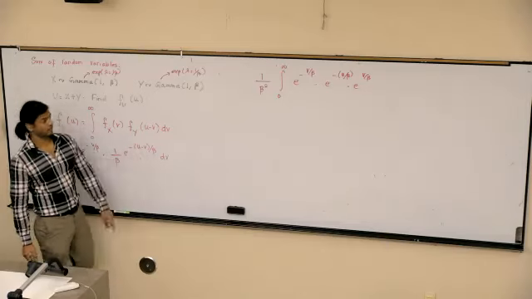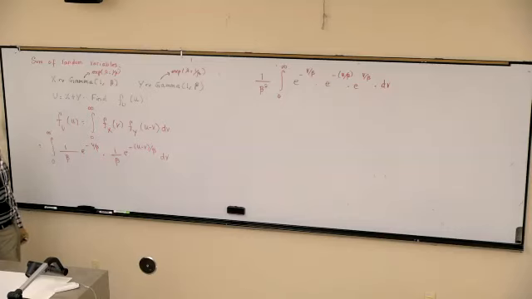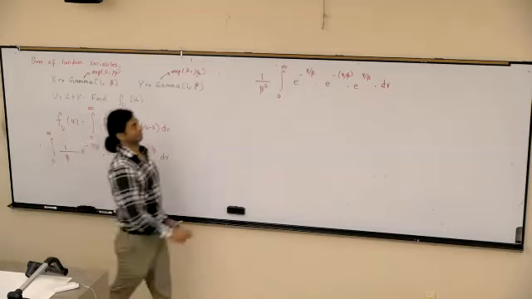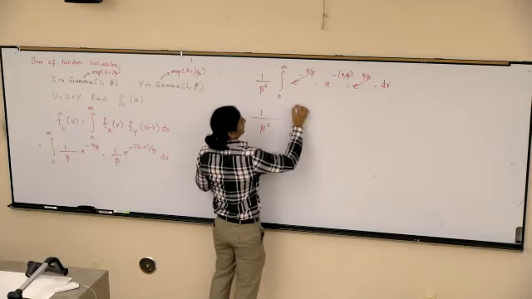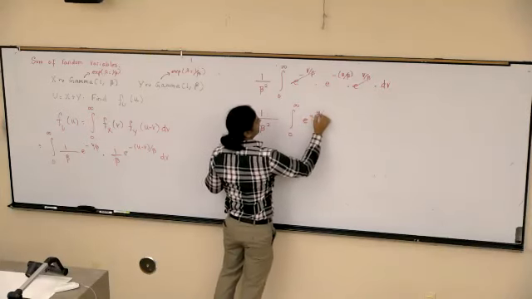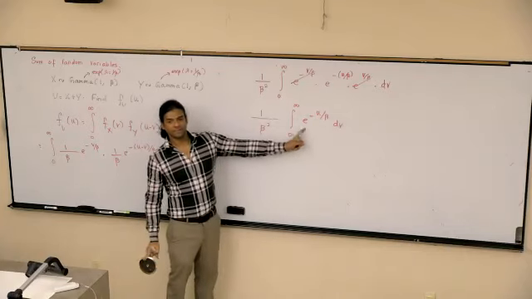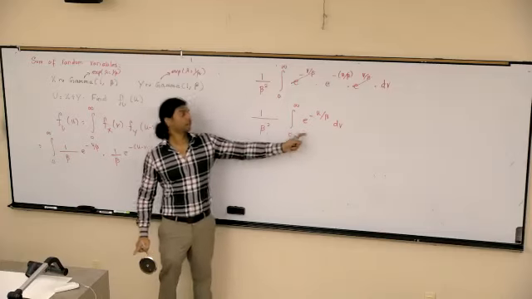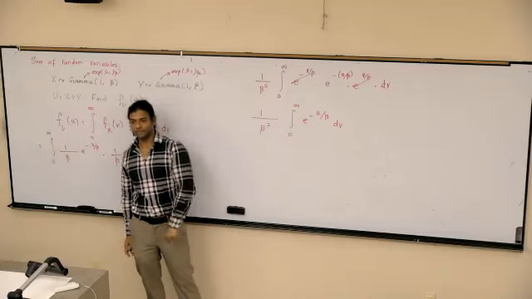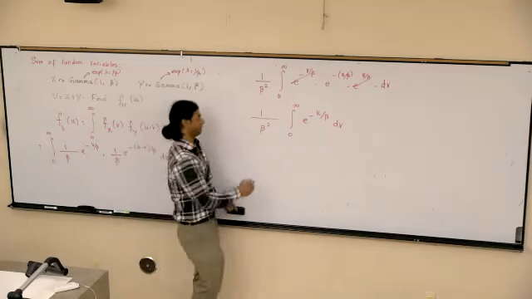Good. What happens to e raised minus v over beta and e raised plus v over beta? Those two would go away. So I end up having 1 over beta squared, integral 0 to infinity, e raised minus u over beta dv. Would the integral affect that term, e raised minus u over beta? No.